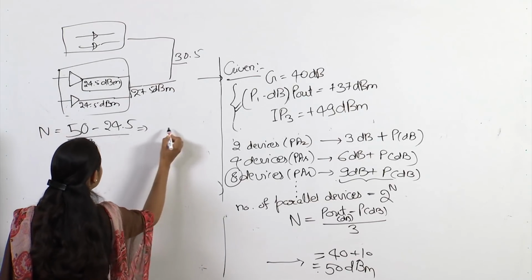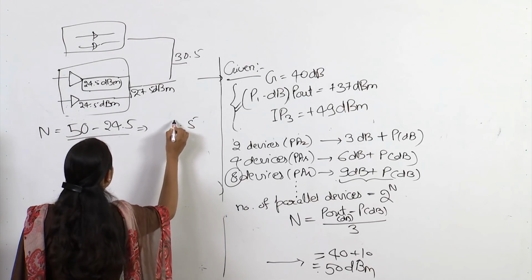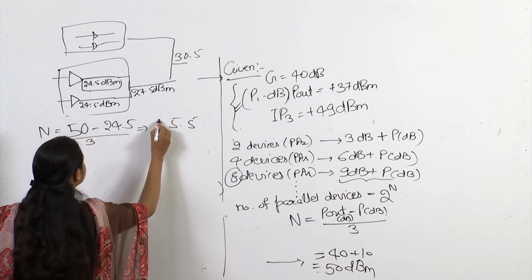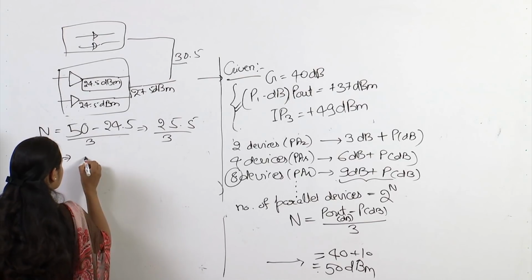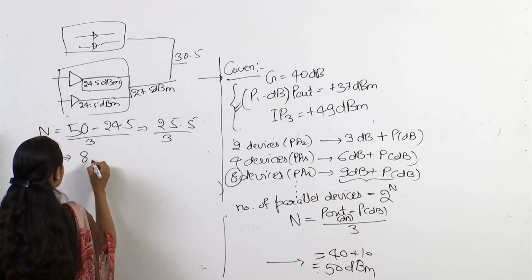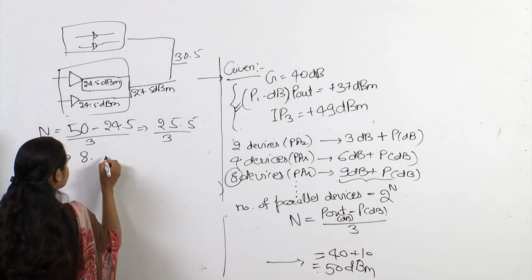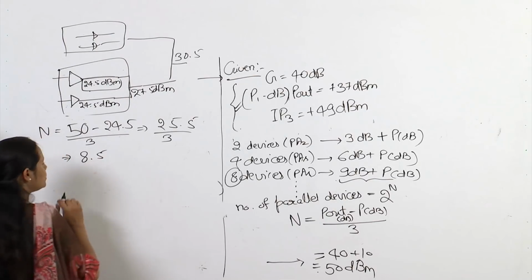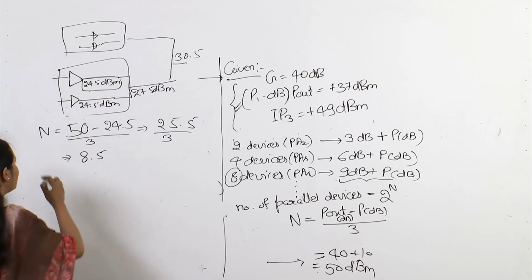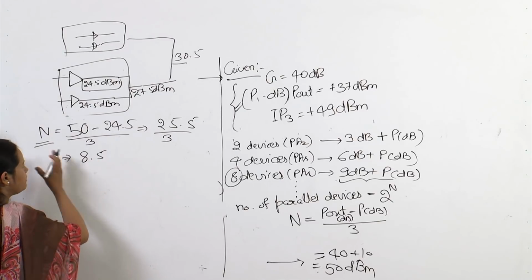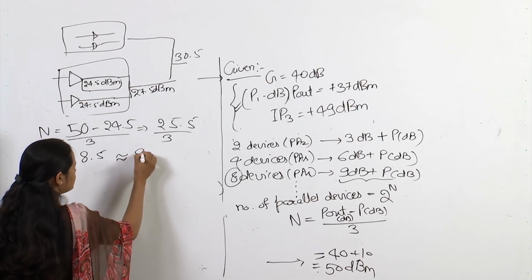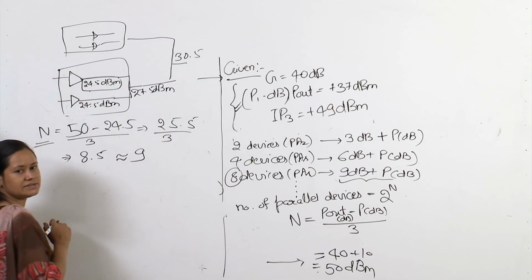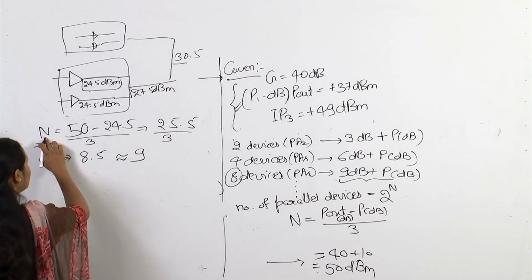So, let us do the calculation from here. So, n equal to 8.5. Of course, the number of devices, number of PAs, cannot be 8.5. So, let us go to 9, select the higher number. So, we have chosen n equal to 9.